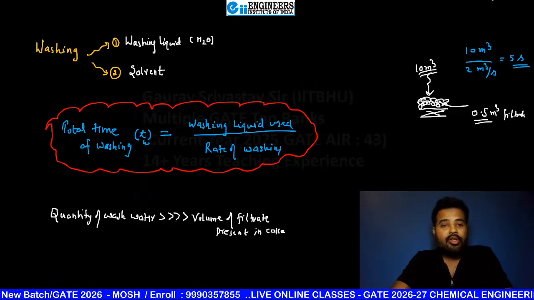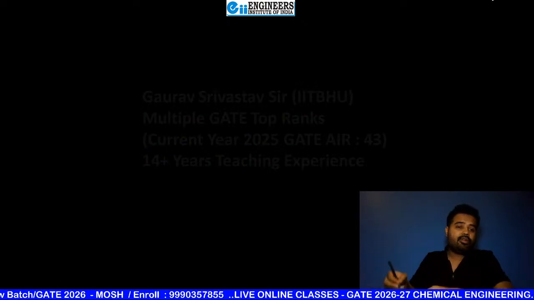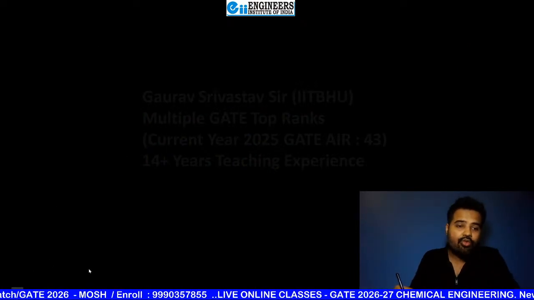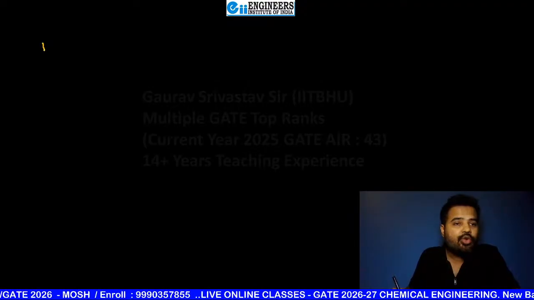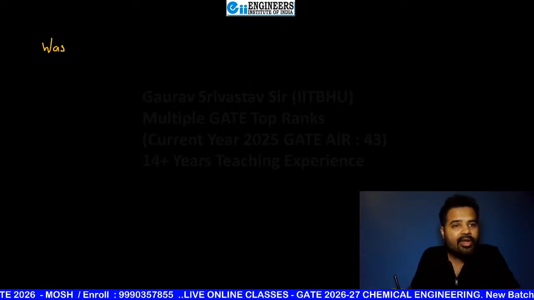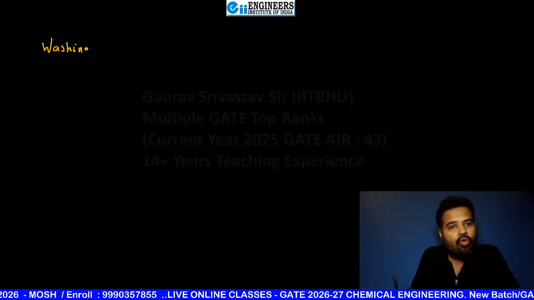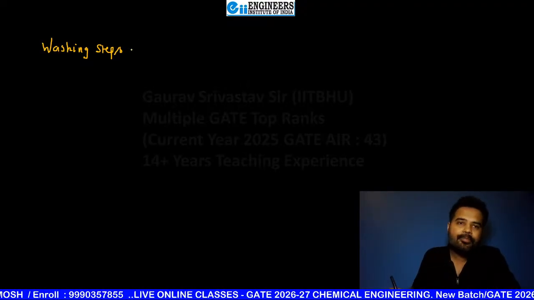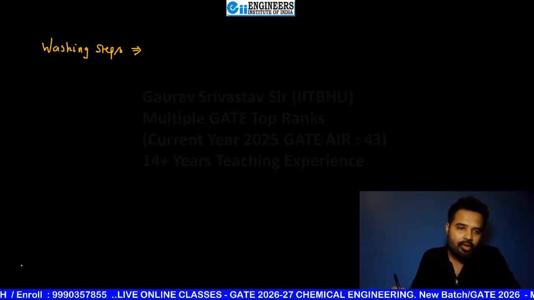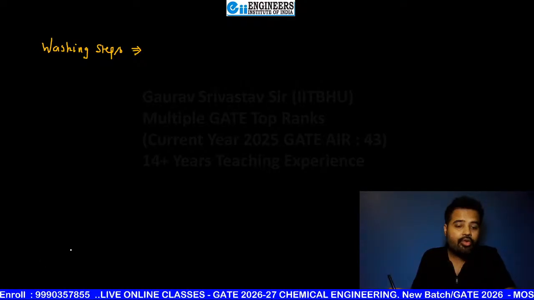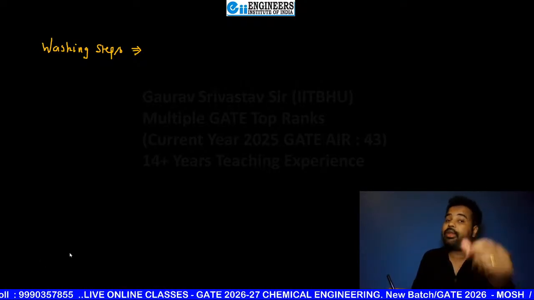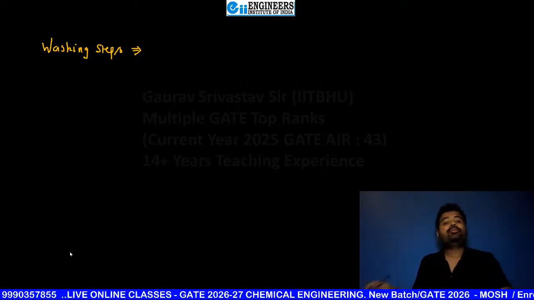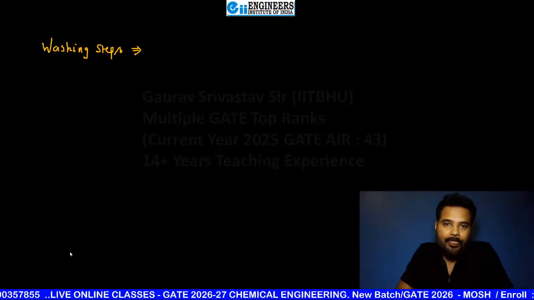Chal, very good. So washing steps, how we are going to wash it. So the next beautiful heading is beta, washing steps. Now if you are going to wash your cake, then two types of washing you can do there.